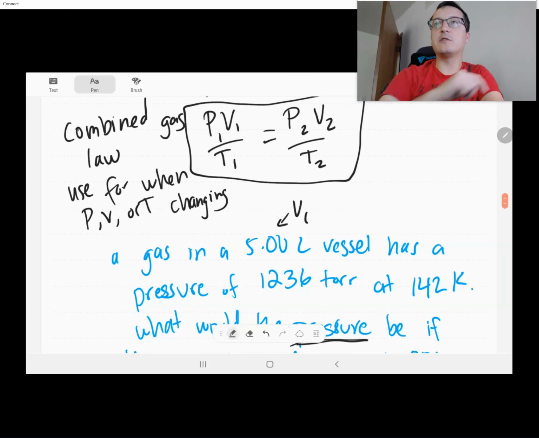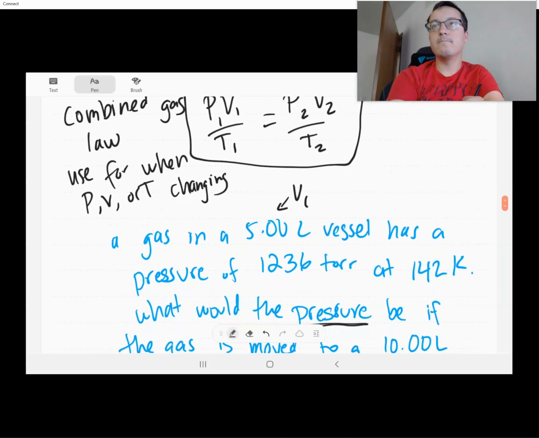And how about 1236 torr? P1, yep. And 142 Kelvin? Exactly. So we have our left side of the equation already done.